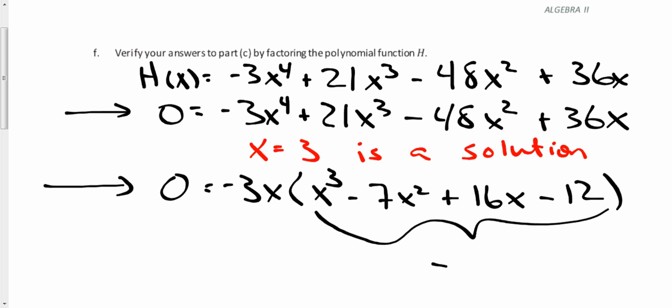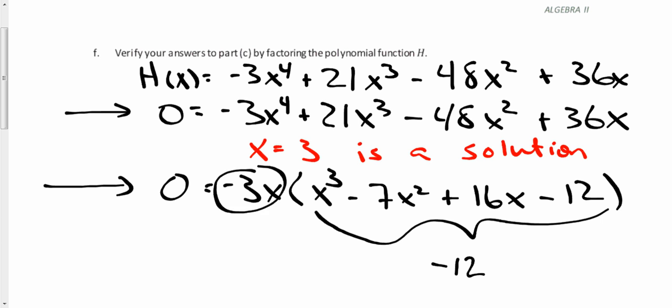This side is negative 12. But I'm taking everything in the parentheses and multiplying it by what? Negative 3 times 0. So what is the value of this function when x equals 0? 0. So 0 is also a solution.